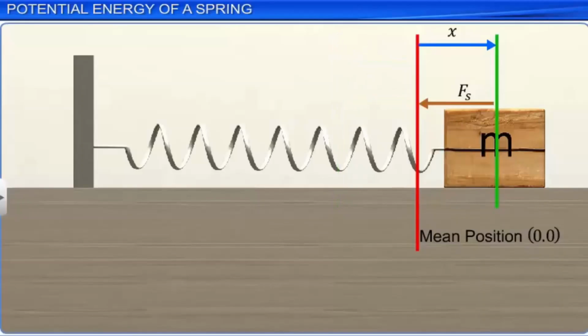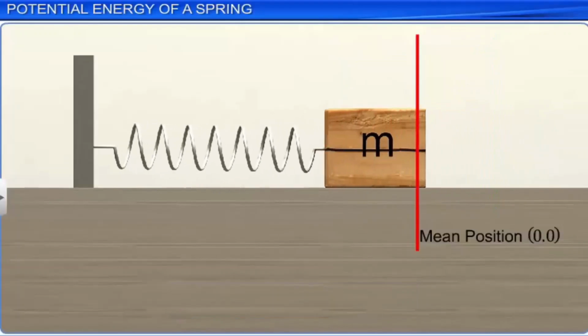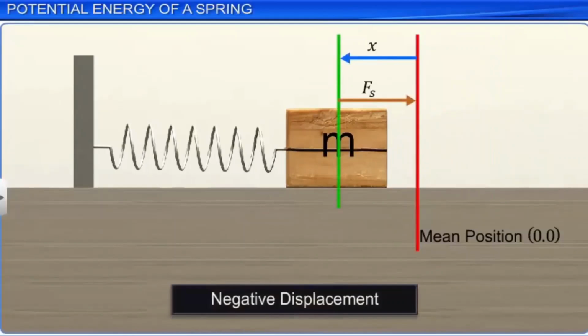When the spring is stretched, the displacement is positive. When the spring is compressed, the displacement is negative. The spring force is the restoring force which is responsible for bringing the block attached to the spring back to its mean position.